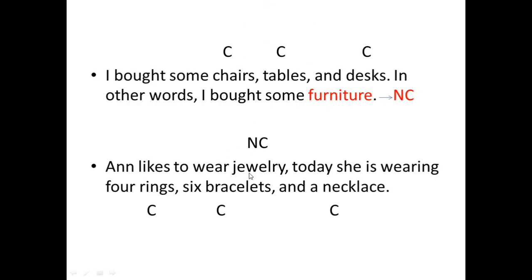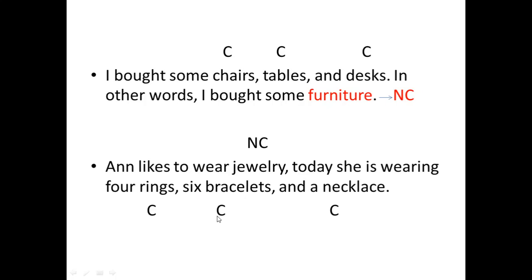We can't count it. But we can actually count the parts, the types of jewelry, like what? Rings, bracelets, and necklace, right? So 4 rings, remember, we used numbers and we added an s. 4 rings, we can say 2 rings, so this is your countable noun, okay? The same for 6 bracelets.